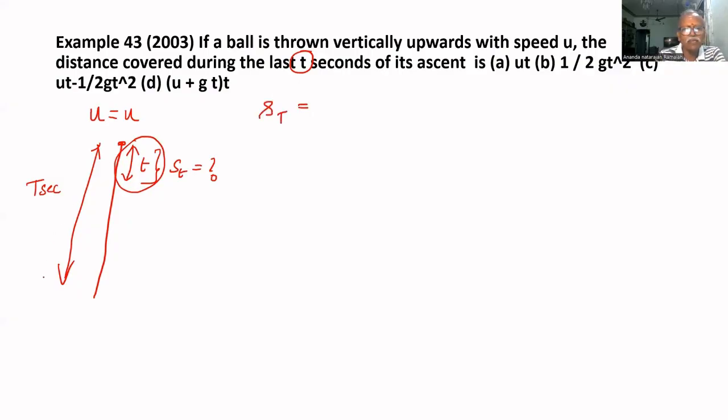T means for complete duration. For that, S t equal to how much? ut plus of a t square. This is u equal to u. That's why u t, because total time is t, plus of a t square. Let it be 1. This is to reach the highest point.